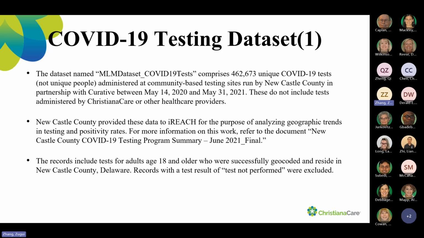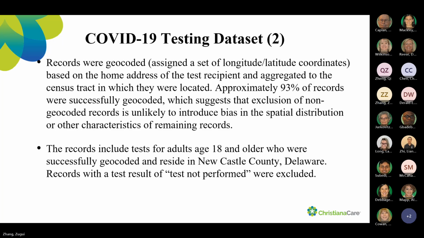New Castle County provided the data for the purpose of analyzing geographic trends in testing and positive rates. The records include tests for adults age 18 and older who were successfully geocoded in New Castle County, Delaware.